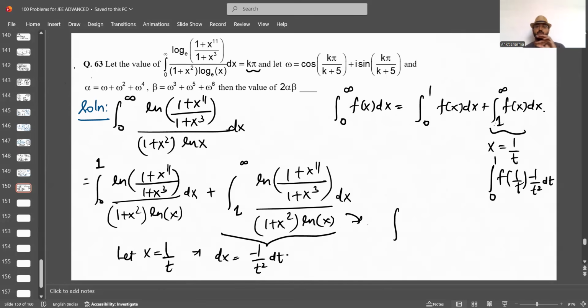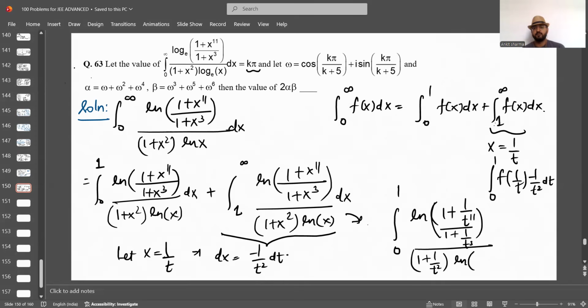And here I have a minus, so I'll change the integral limits and write them from 0 to 1: ln of (1 plus 1 over t to the power 11) over (1 plus 1 over t to the power 3), then 1 plus 1 over t squared, then ln of 1 over t, then dx will be minus 1 over t squared dt. But since we have changed the limits, this is no longer minus, it is plus.